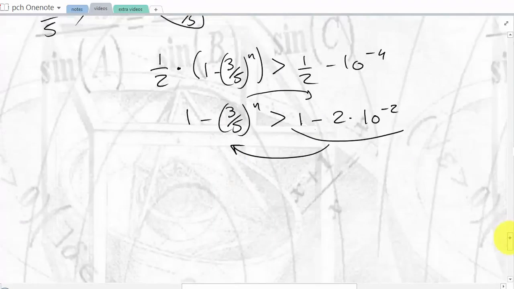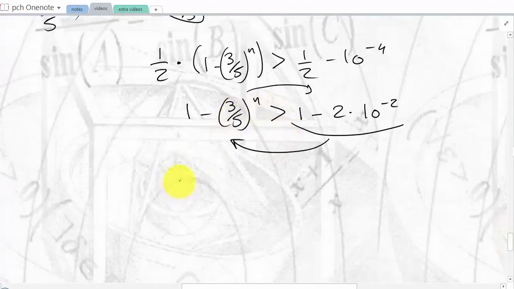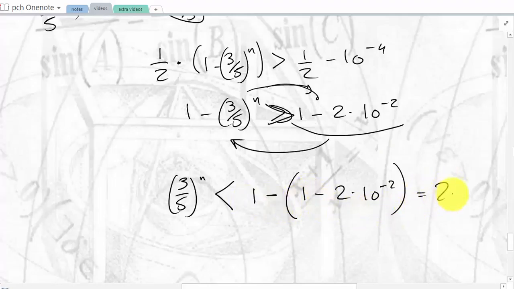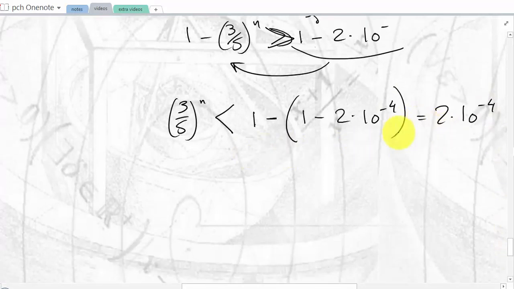So now we have 3/5 to the n smaller than, what do you have here? 1 minus 1 minus 2 times 10 to the negative 4. So 1 minus 1 is 0. This is just 2 times 10 to the negative 4. Sorry, all these negative 2s, you've got to be careful. That's a careless mistake. It's negative 4 right here. Okay, sorry about that.